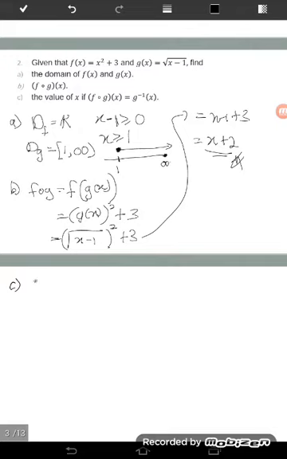To find the inverse of g, first we let y equal to square root of x minus 1. So the square root, bring to the left, we have y to the power of 2 is equal to x minus 1. So from this, y to the power of 2 plus 1 is equal to x. So x is equal to y squared plus 1.